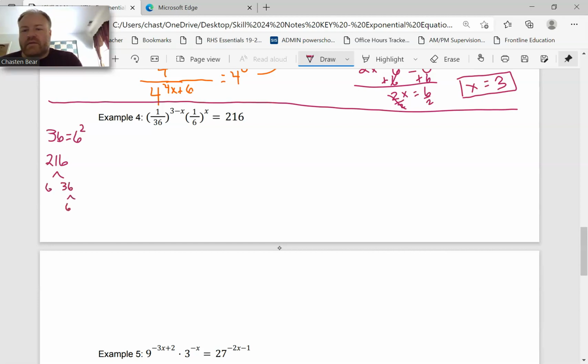And 36 we know is 6 times 6. So 216 is just 6 cubed. Yes, I know I didn't break these all the way down to all the prime factors, but I was really concerned about getting 6's. All right, so now what I'm going to do is rewrite 1 over 36. I'm going to write that as 1 over 6 squared. Again, I'm writing out every step.